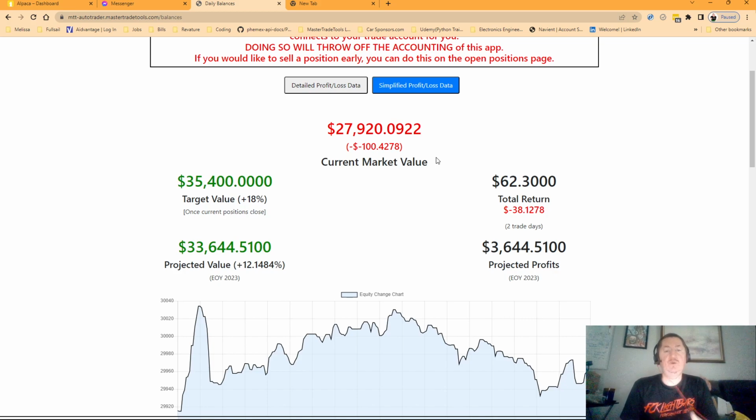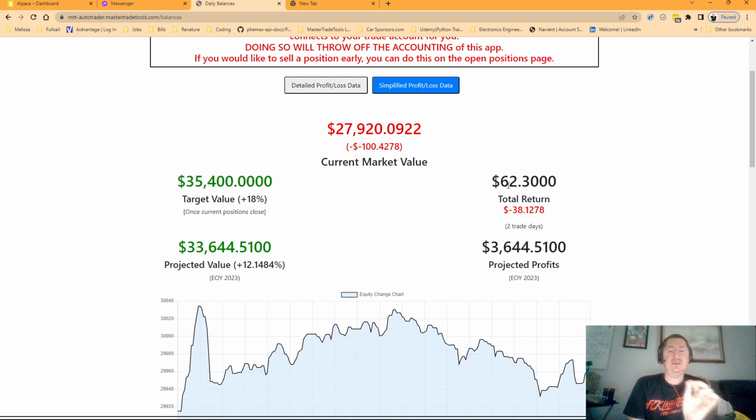We can decide when we want to close those positions because we've got the money to put into those positions and we're not borrowing money from Alpaca. So yes, those positions are currently showing that they are down $100, but they are not realized. They are unrealized. We do show what our realized profit is here, which is $62.30. This means that we have actually closed out positions and made a profit on those positions of $62.30.